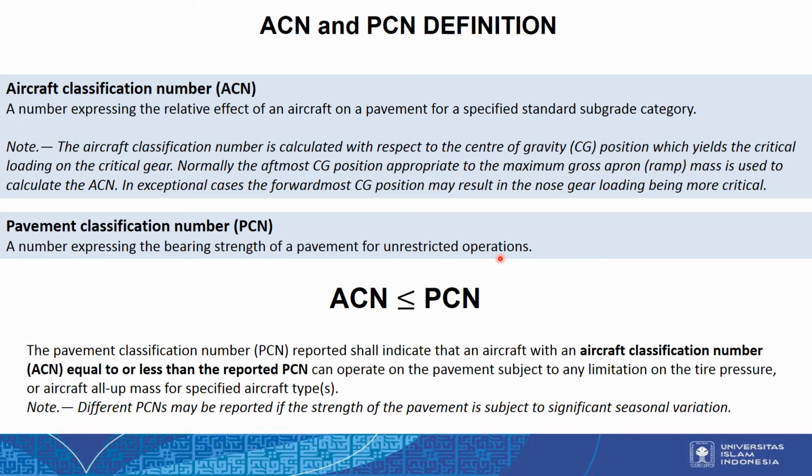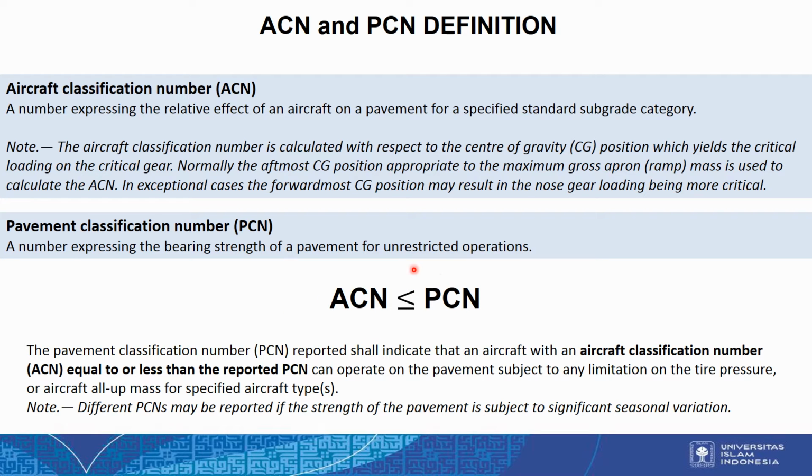In the ACN and PCN method, the reported Pavement Classification Number shall indicate that an aircraft with an Aircraft Classification Number equal to or less than the reported PCN can operate on the pavement, subject to any limitation on the tire pressure or aircraft all-up mass for specified aircraft types.